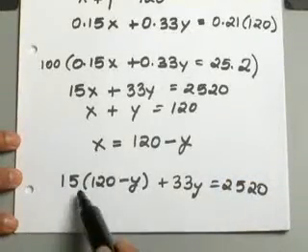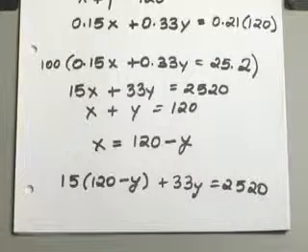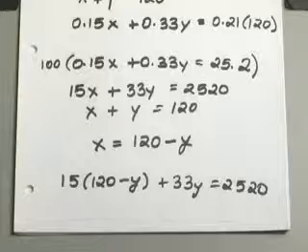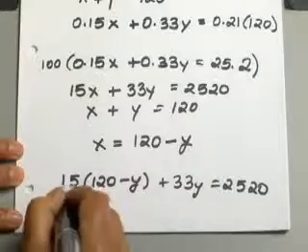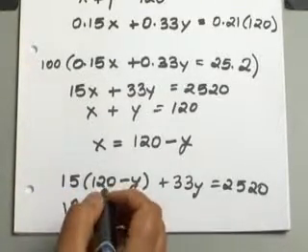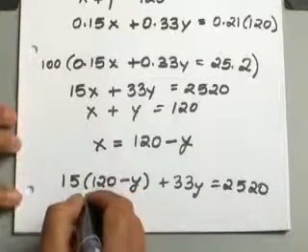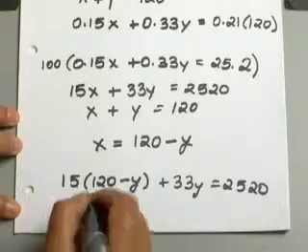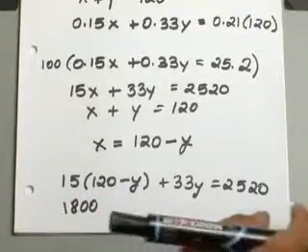And again, you will see now this equation is completely in terms of y. You have no x's. And this will give you, let's see, if I'm not mistaken, this should give you 1800.